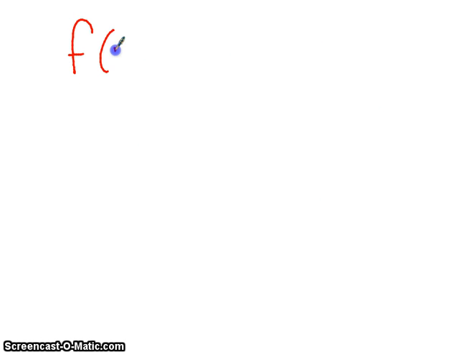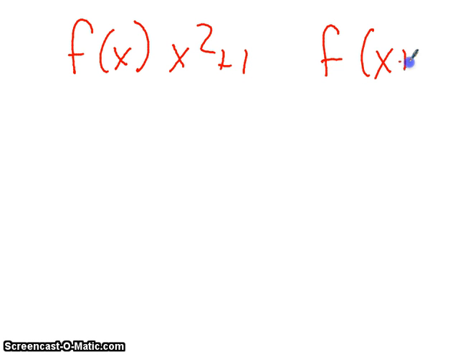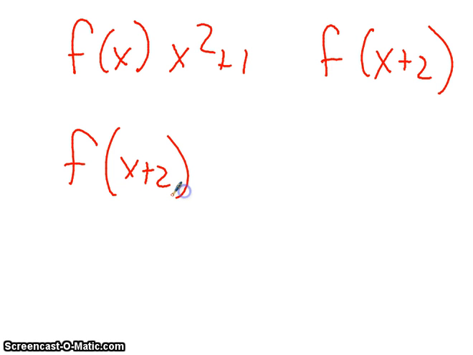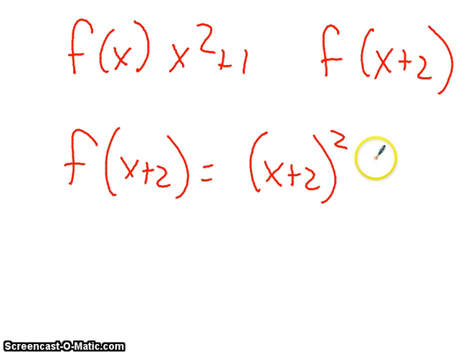Let's try one more old style stuff. X squared plus 1 when the function is x plus 2. So if I replace x with x plus 2, I get x plus 2 squared plus 1.